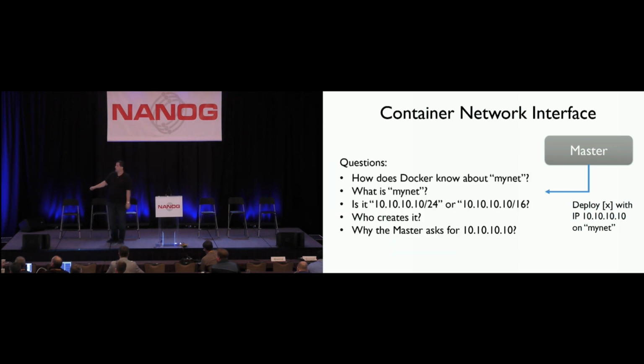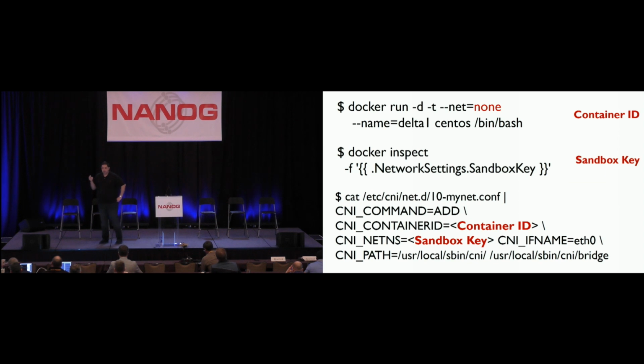But then the orchestrator, knowing the ID of a newly created container, would execute follow-up commands. Now, how does Docker know about that network? Once again, it's a definition that has to sit on the host. How does it know about the subnet mask, et cetera? All of those definitions have to be populated on the host.